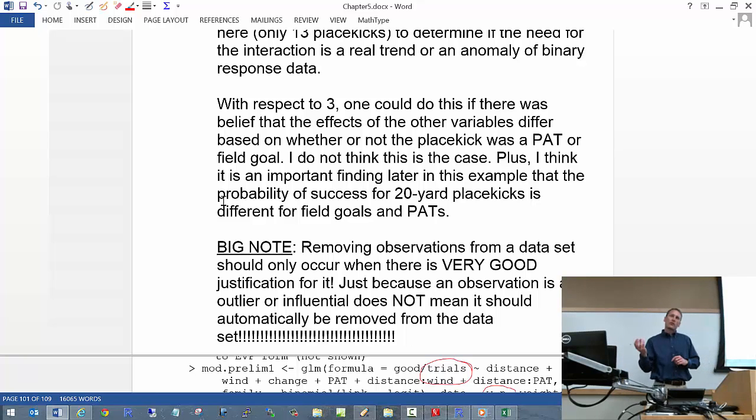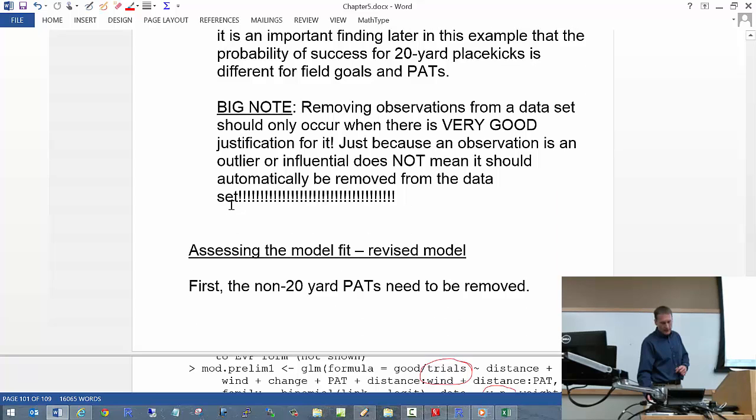Well, that's what's represented essentially in the PAT variable in the model. And what you'll see is that PATs have a higher probability of success than field goals, and you can prove it. So that's why I chose model number 2, or choice number 2, I should say.